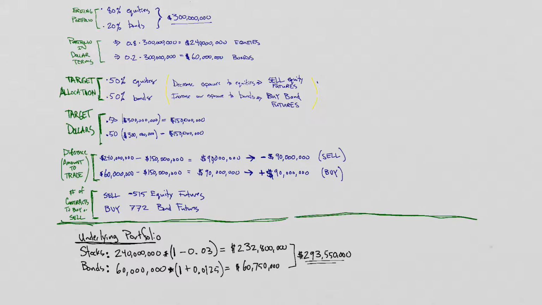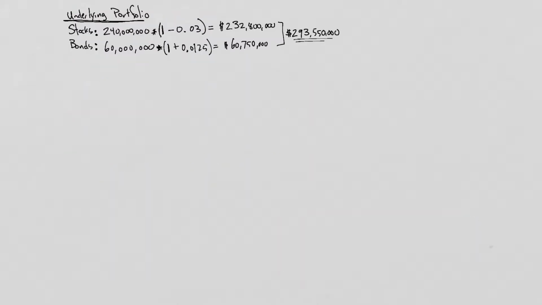And just to keep things clean, I'm going to bring this to a new page here. Let's compare this $293 million to a hypothetical portfolio. Suppose that we hadn't done any futures at all, and instead, to get to our desired 50-50 asset allocation mix between stocks and bonds, we just straight up sold stocks and bought bonds at our desired target level.